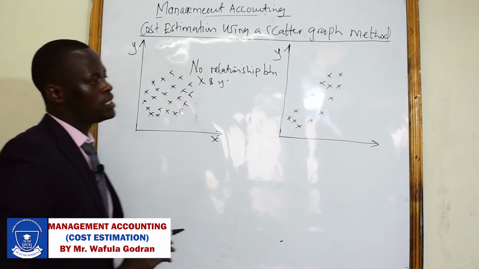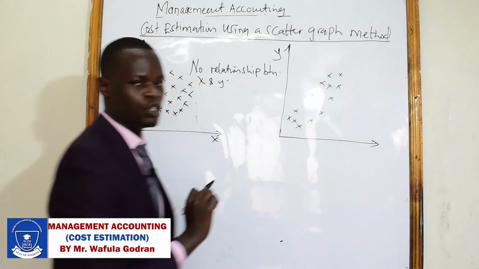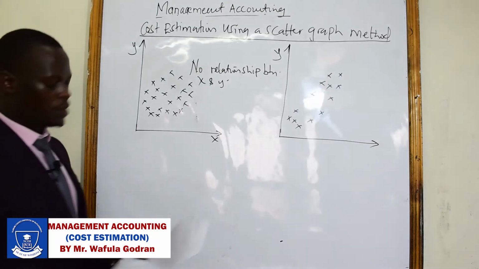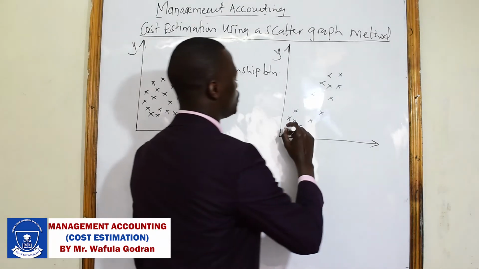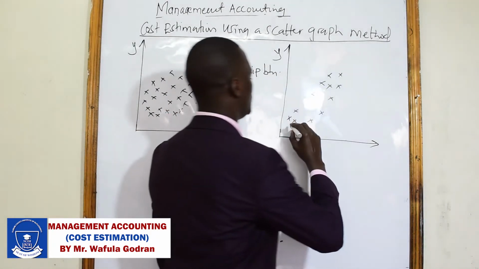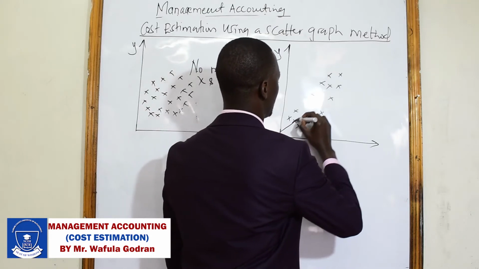If we are convinced from our observation that there is a relationship, then we will be required to draw a line, and this line is supposed to join two or more points on this graph.